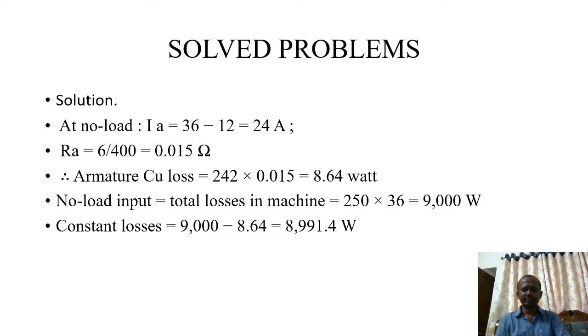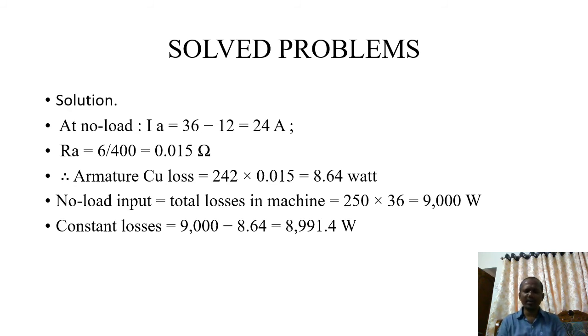Constant loss is equal to no load input minus armature copper loss, which is equal to 9000 minus 8.64, which is equal to 8991.4 watts. So this is the constant loss of the machine.